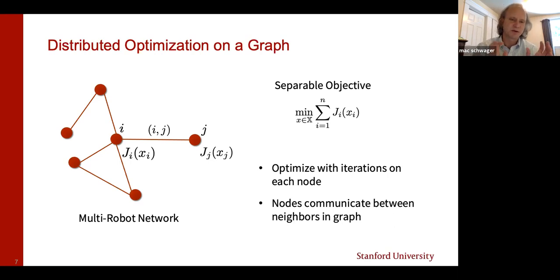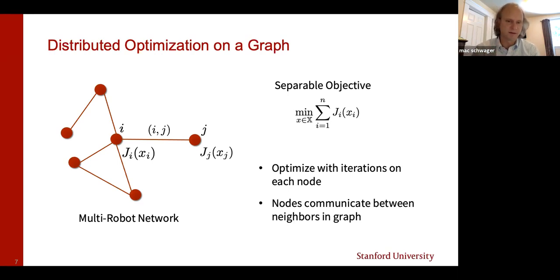So what I'm talking about is you have multiple nodes. Each node is associated with a robot, with onboard computation, and with its own onboard available data, right? And what we would like is for these robots to communicate over their network, represented as a graph, to minimize an objective function, which can be expressed as the sum over component objective functions.